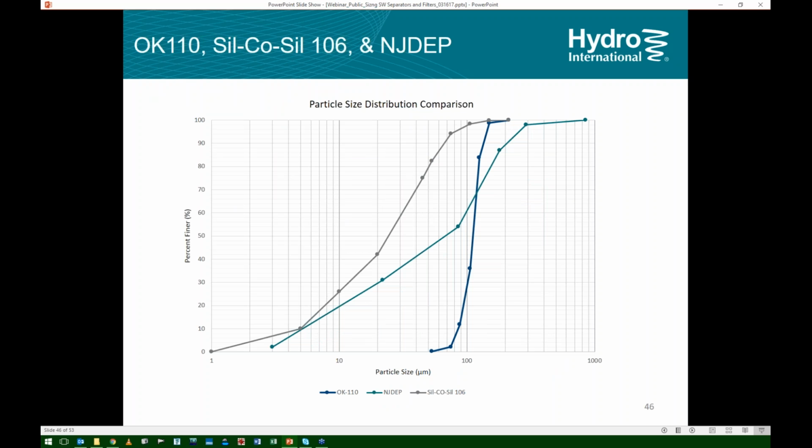So if we compare the old OK110, which we have a lot of legacy testing on, and in fact it's used still as a standard by many local stormwater agencies, this is the New Jersey one, the green line in the middle, with a D50 around that 63 to 75 micron. And here's the Circle Cell 106 used by Washington DOE, which is around 24 microns, way beyond really what a separator can do.